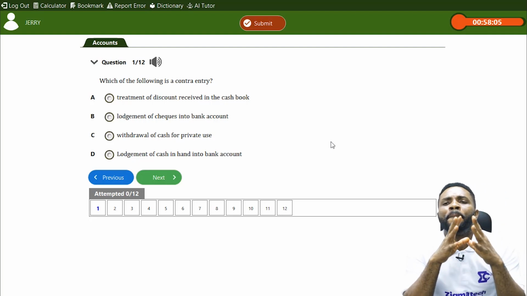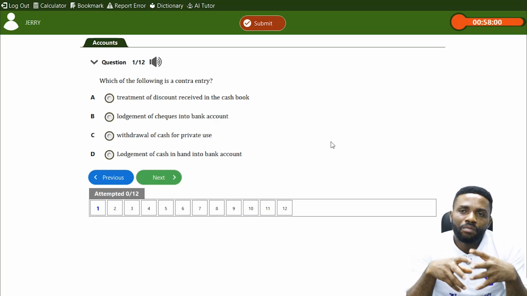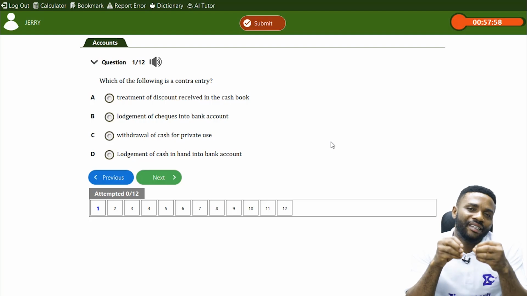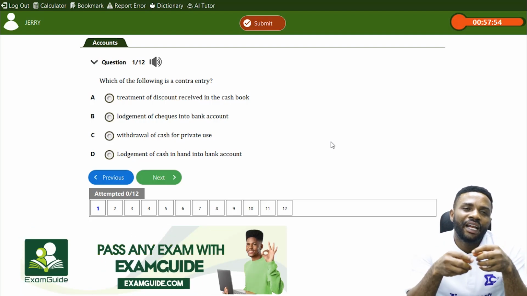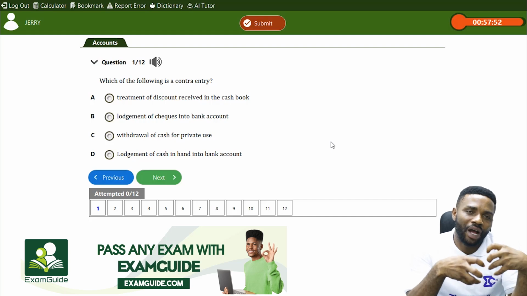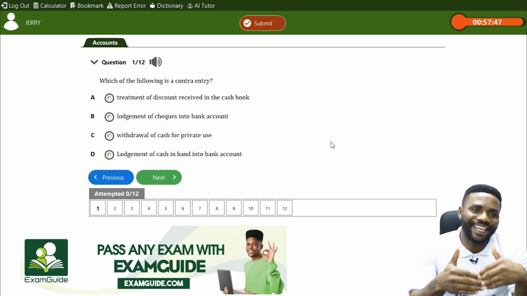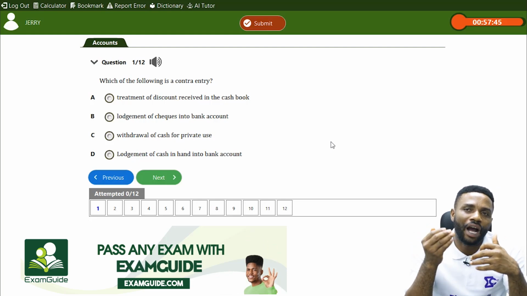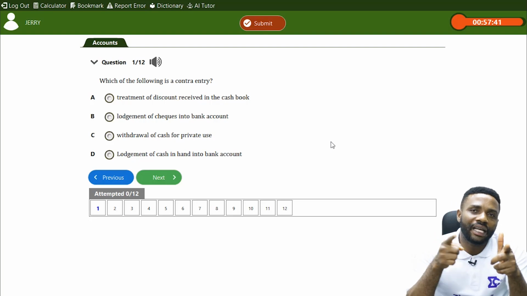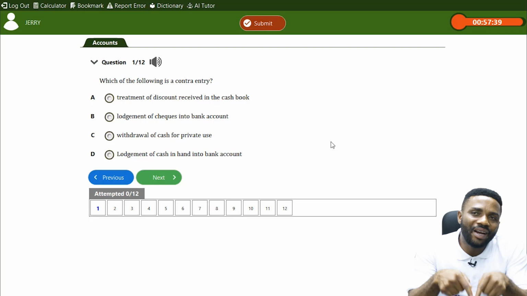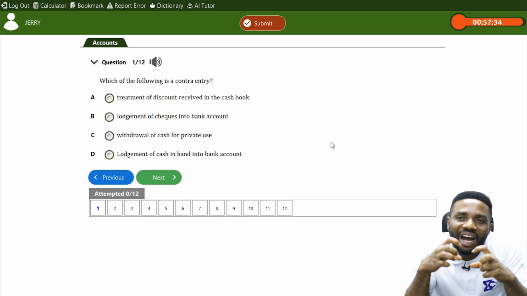Cash. Now, whenever you take money from the office to go and deposit it into the bank, that money has reduced the cash you have at hand, and it has increased the money you have in a bank. So since the bank column and the cash column are in the same account, it is going to be a contra entry.